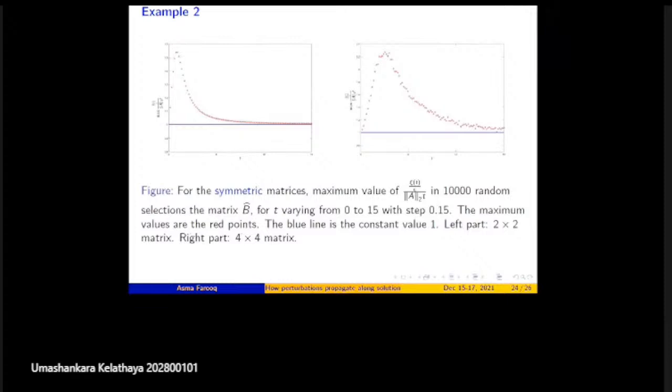Here, this is the generic situation, J star equals 1, and to have this generic situation, we chose our initial value y0 in a way to have it in the rightmost eigenspace. And we plotted the maximum of this quantity in 10,000 random selections of matrix B, and we can observe that the maximum of this value with increasing t is asymptotically going to 1.